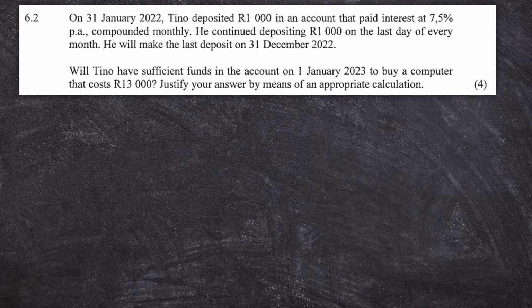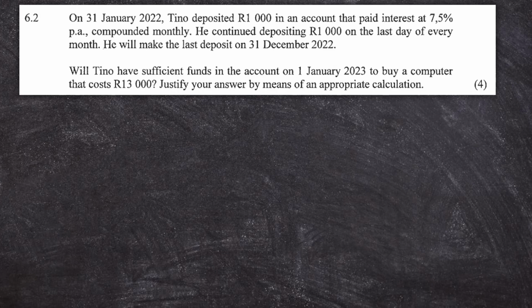All right, let's now go to 6.2. They are saying on the 31st of Jan 2022, Tino deposited 1,000 into an account that paid an interest of 7.5% per annum, which was compounded monthly. All right, so he continued depositing 1,000 on the last day of every month, right?